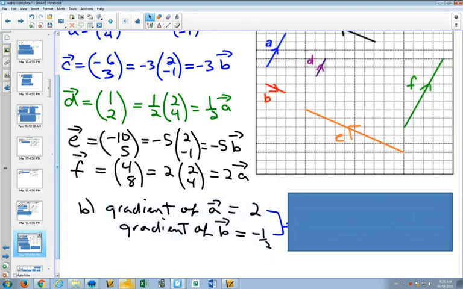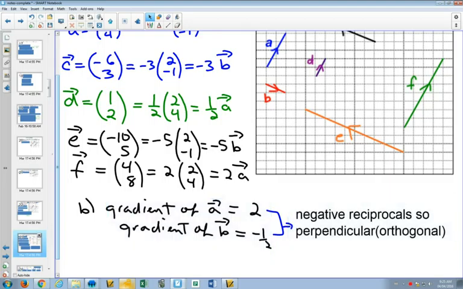Finally, part B, how are A and B related? Well, the slope of vector A is 2. The slope of vector B is negative 1/2. That means that they're perpendicular. And here we have a new word for perpendicular that we're going to use a fair bit in this unit, orthogonal.